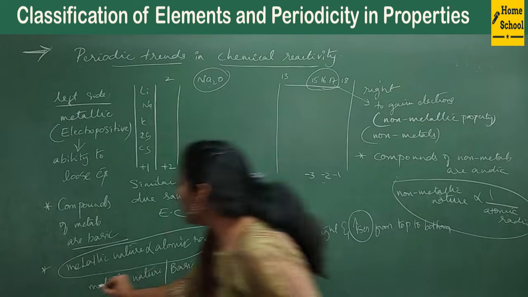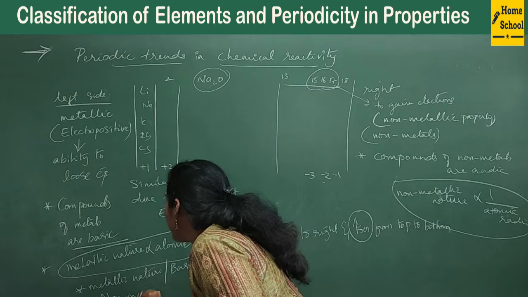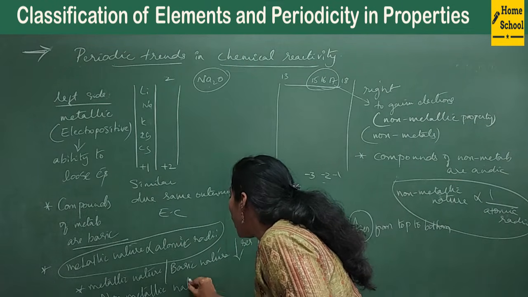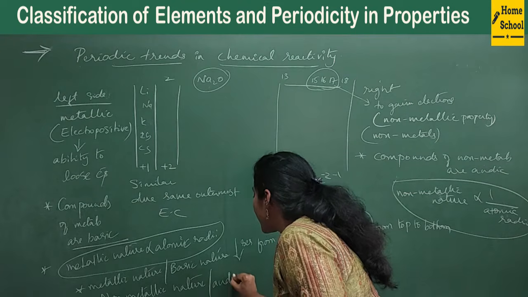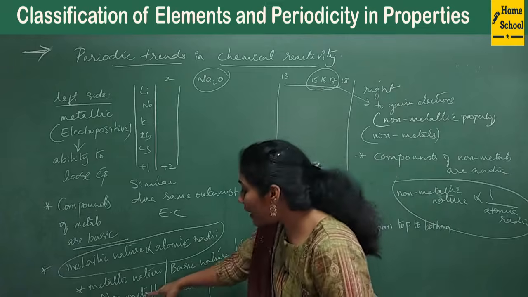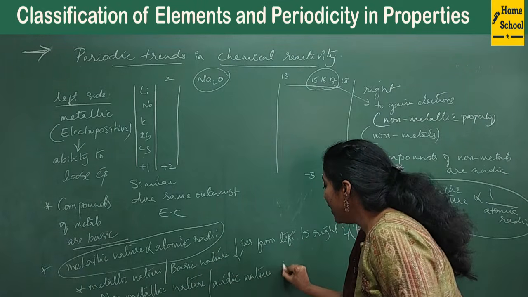And similarly, non-metallic nature, or acidic nature, I can say. If I'm talking about a compound, acidic nature. If I'm talking about an element, non-metallic nature. Acidic nature, what happens?